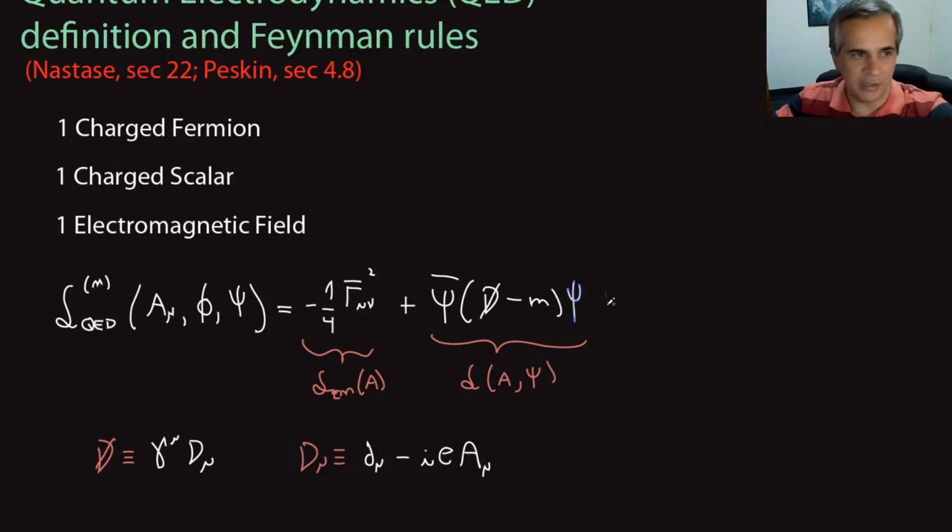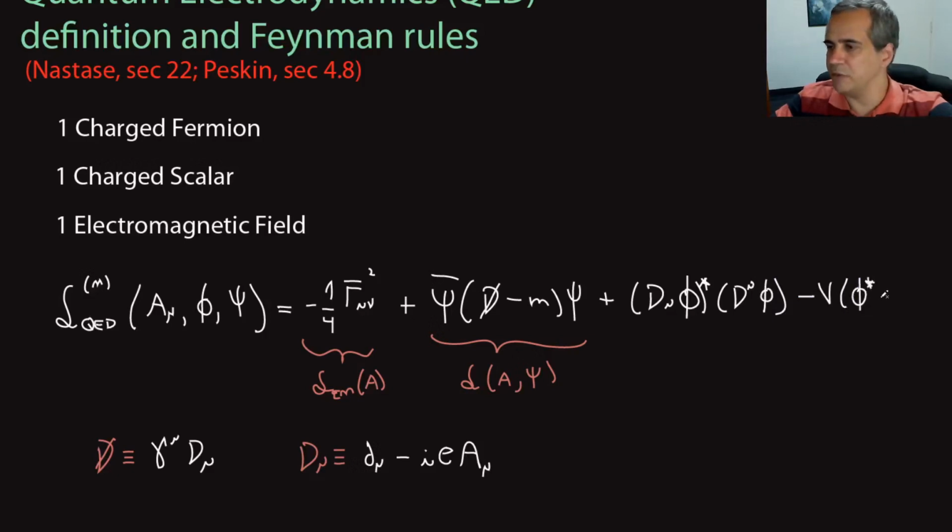The scalar part is this. Again, I'm exchanging the derivatives by covariant derivatives now, D_mu phi, and I could have some potential for the scalars, which could be a lambda phi^4. Also the mass term for the scalars, if I have an m_phi, it will be here, right?